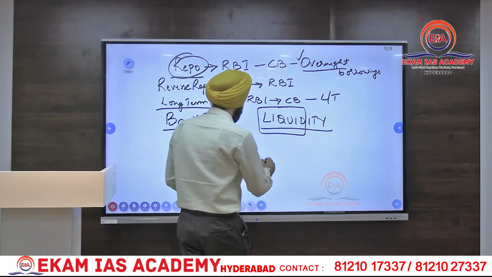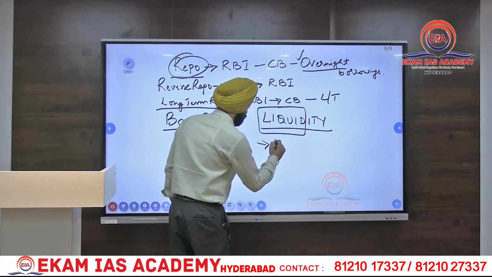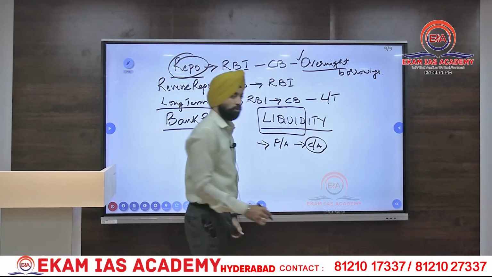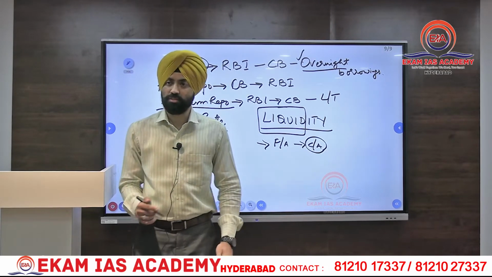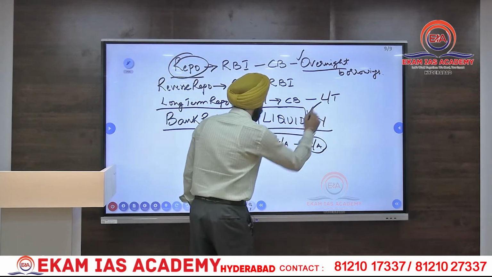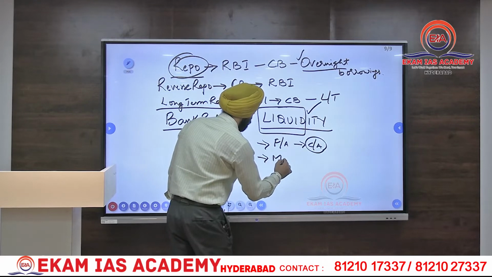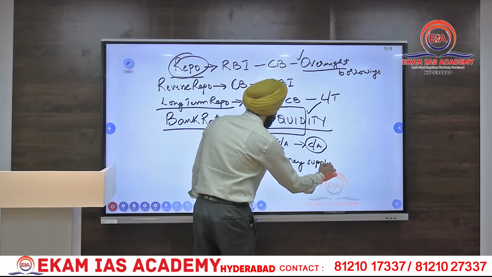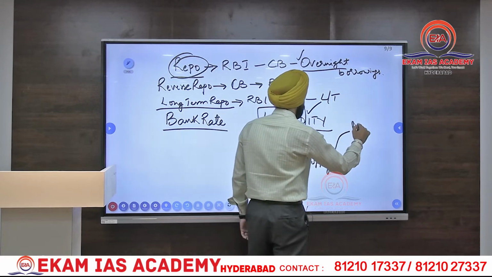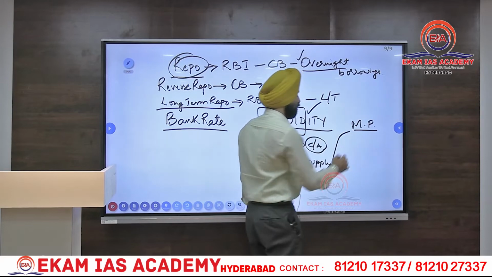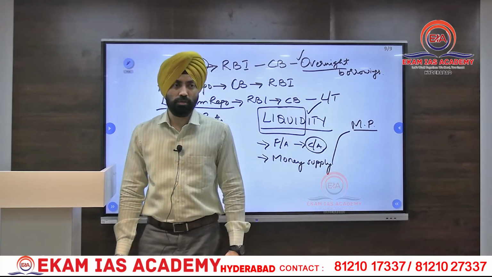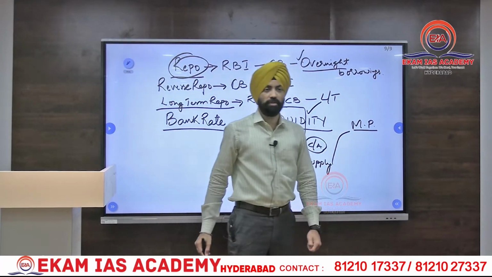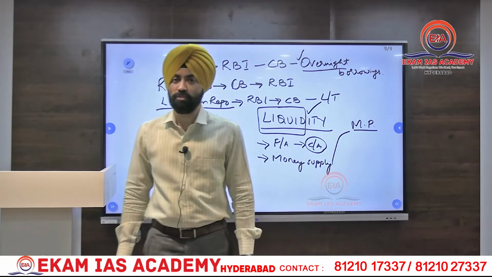One is convertibility from fixed asset to current asset or cash, whatever, gold, cash, whatever you call it. The second, when I use the word liquidity, I am talking with respect to availability of money supply in the market. And one of the major tools available with the RBI to control the money supply in the market is monetary policy.